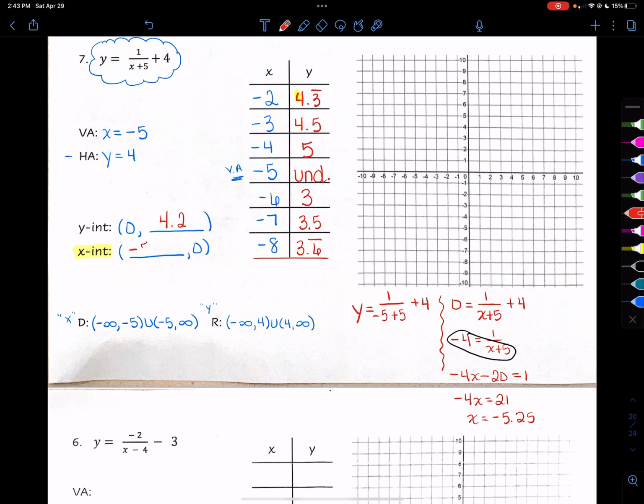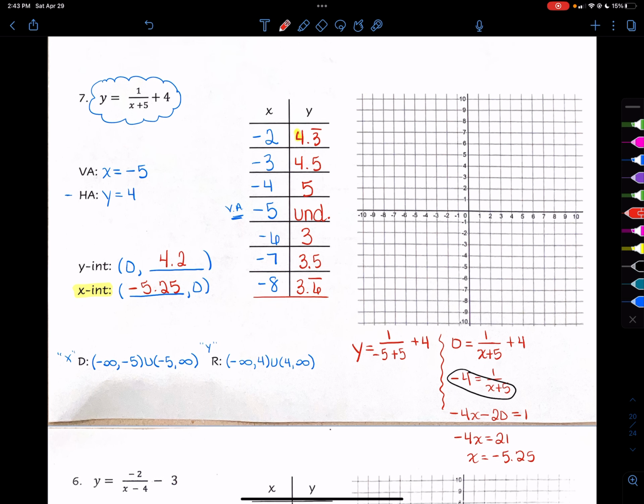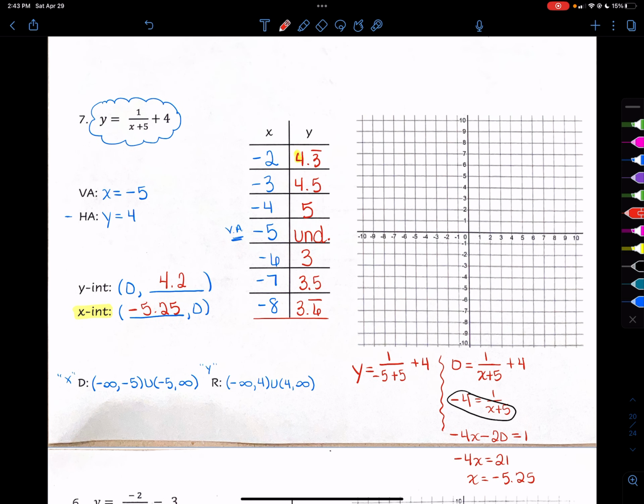All right, now that we've got all of our values, our x-intercept and our y-intercept and our table of values and the asymptotes, let's go ahead and graph everything that we have. So the vertical asymptote is at x equals -5. The horizontal asymptote is at y equals +4.